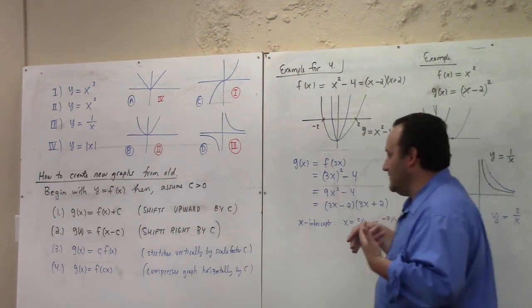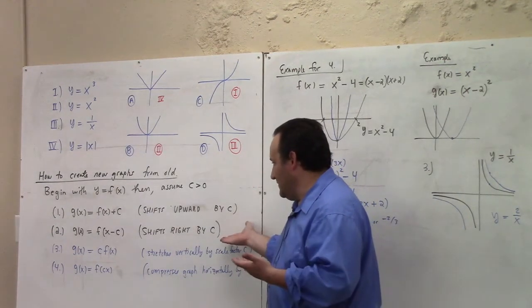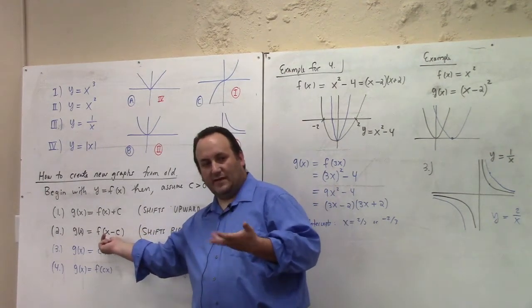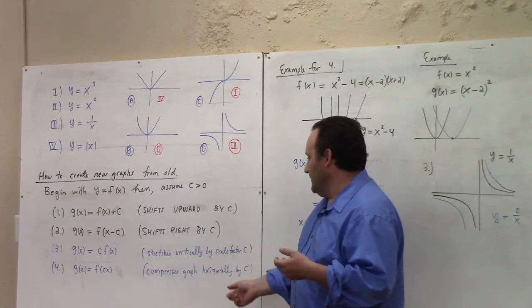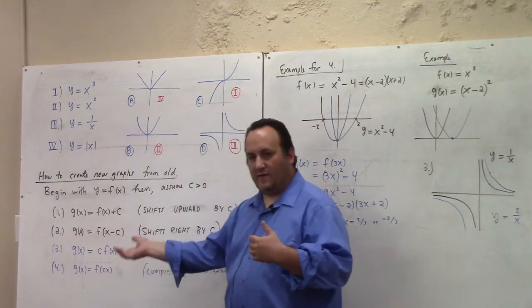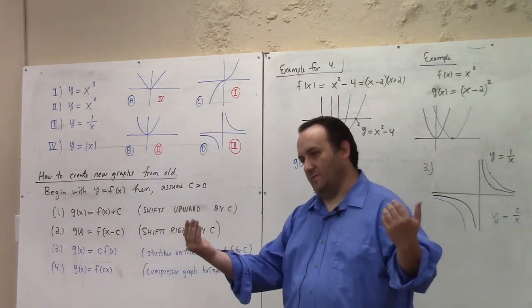When c is negative, we shift downward by c, we shift left. Like if we had x plus 3 here instead of x minus 3, we would go 3 to the left. If you have negative constants here or here, it flips the graph over and stretches. Or it flips the graph horizontally and stretches.